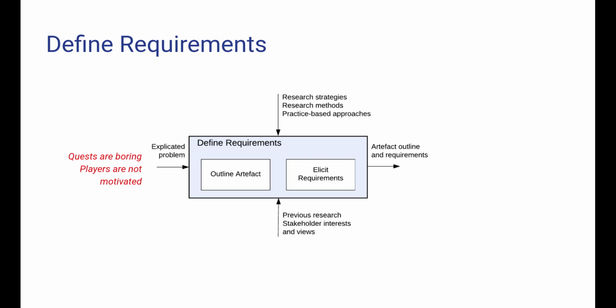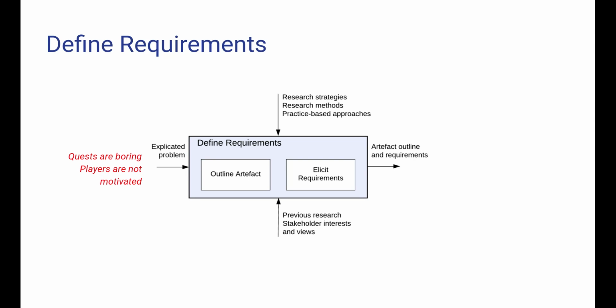In the Define Requirements activity, we will start from this explicated problem that quests are boring and players are not motivated. And we will, as output, produce an outline of an artifact that can address this problem, as well as requirements on that artifact. In this work, we will use research strategies and methods and maybe also more practice-based approaches.